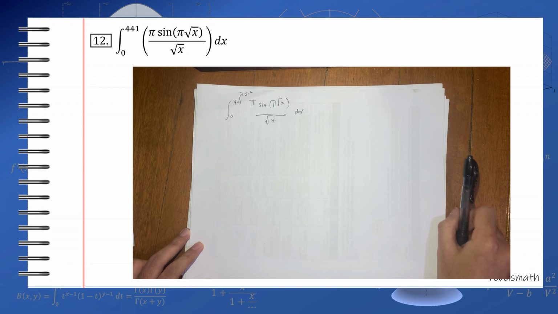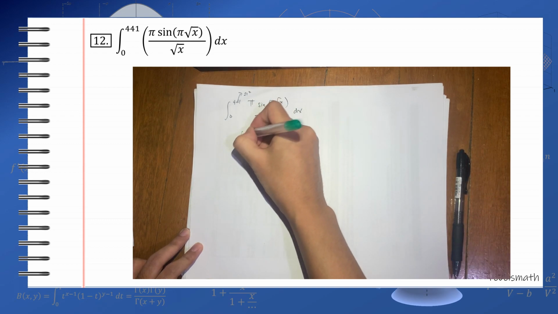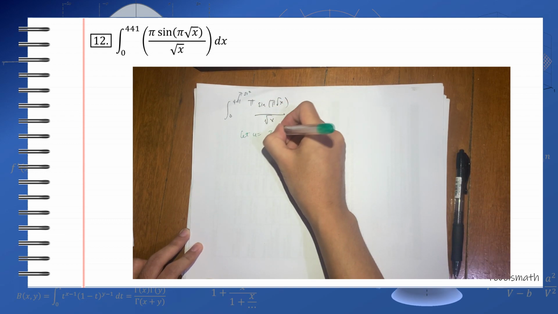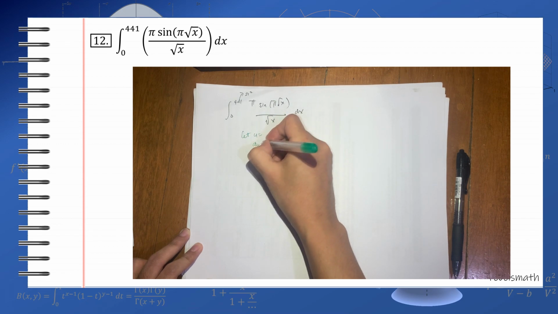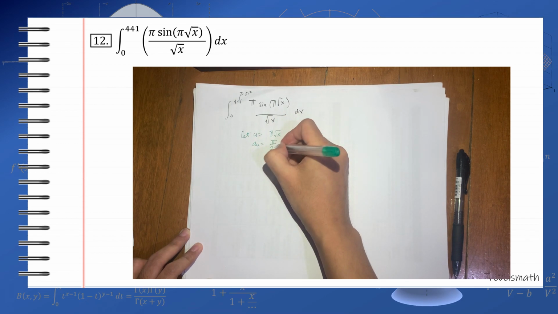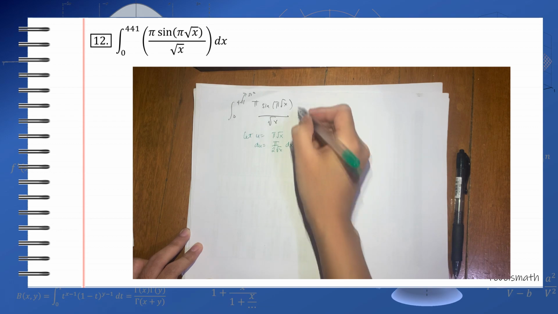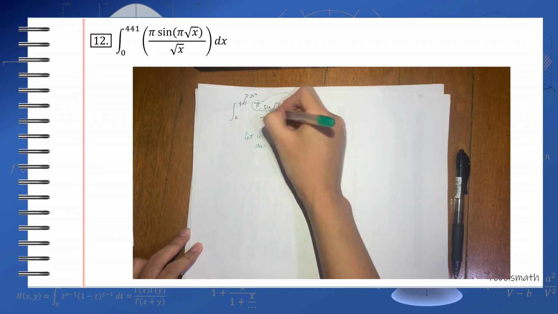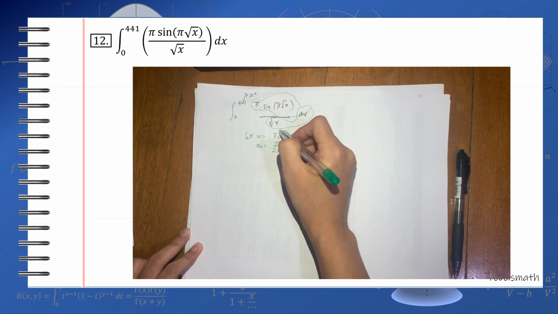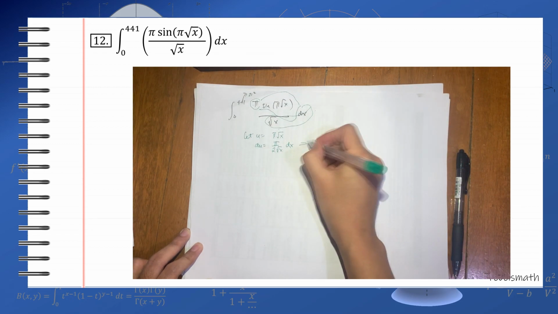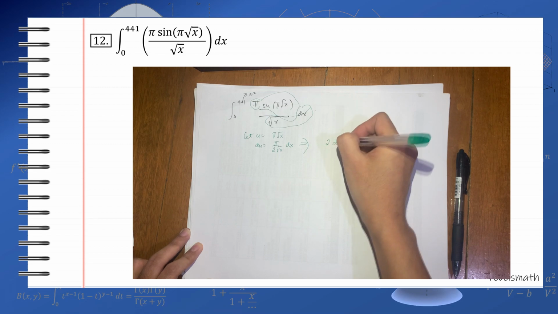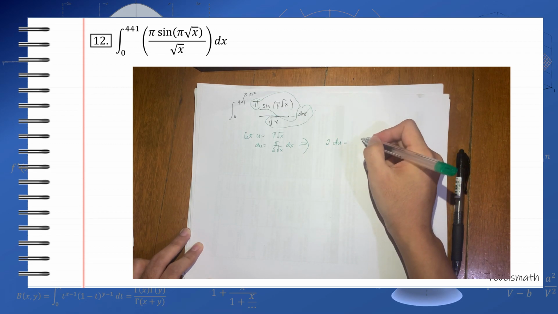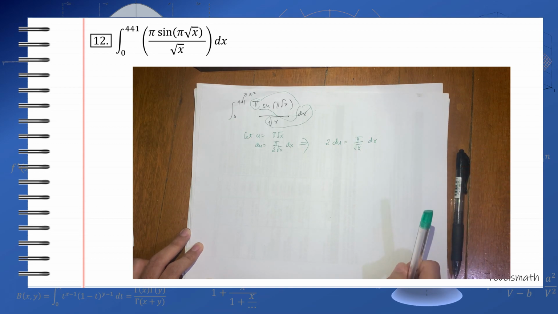And then quite obviously, we use a substitution: let u is equal to pi square root of x, so du is equal to pi over 2 square root of x dx. So this simplifies to 2 du is equal to pi dx over square root of x.